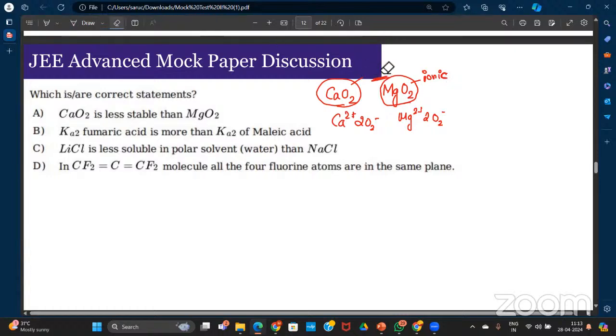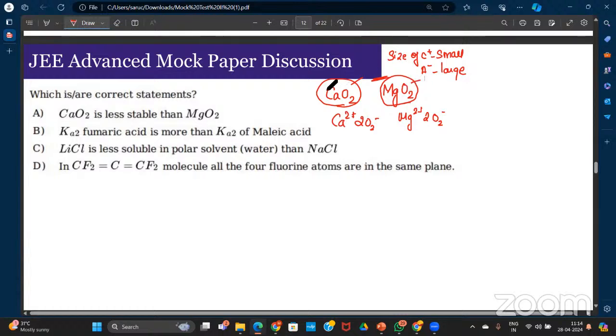So according to Fajan's rule, how will you calculate the covalent character? It is when the size of cation is small and the size of anion is large. Now compare magnesium and calcium; oxygen is small in size in both cases.